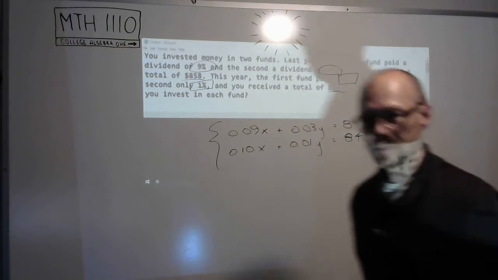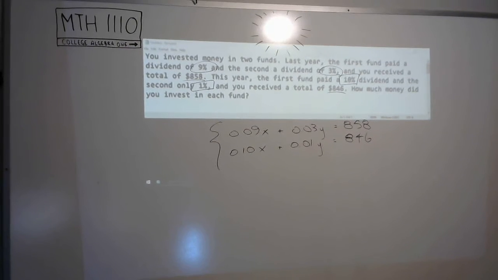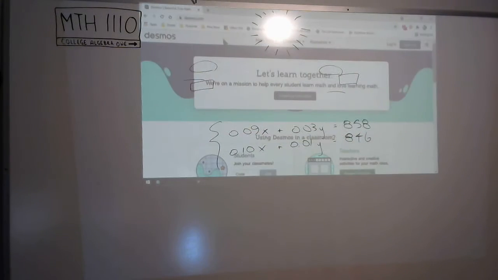In fact, let me look real quick and see if I can open up a Desmos screen. I'm pretty sure you know how to do this, right? Oh, it's fuzzy.